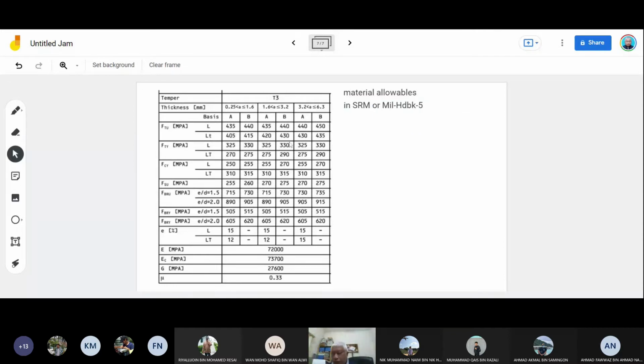So not to worry about this. In the analysis, even in the exam, we give you this. But you must understand how to use this.